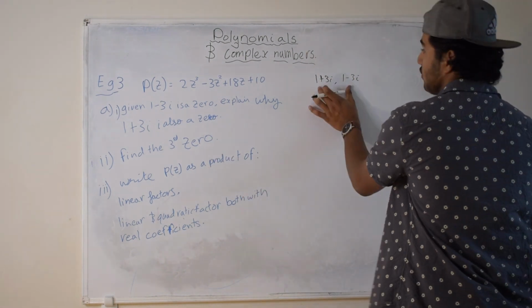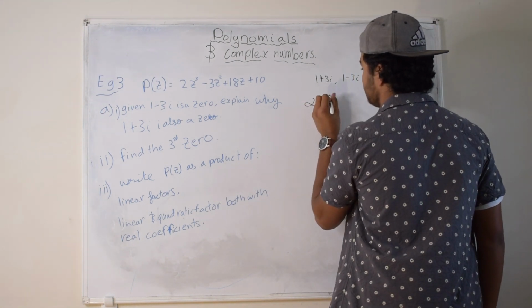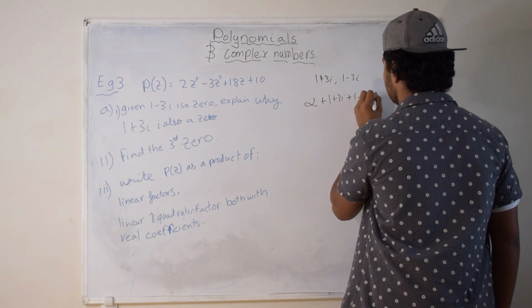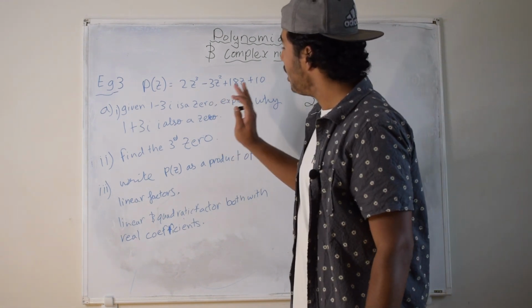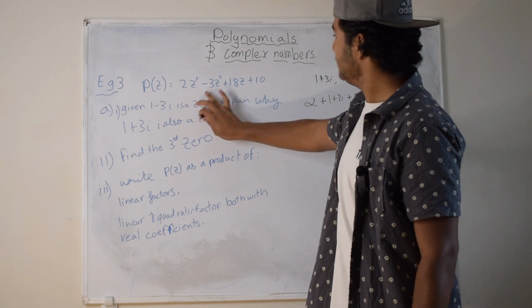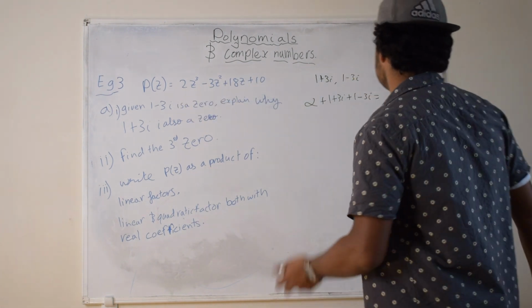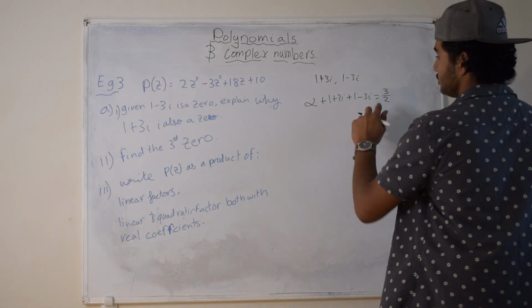We need to find the third one, so we get alpha plus the first root, 1 plus 3i, plus 1 minus 3i equals minus b on a. Minus b upon 2, where the polynomial is a, b, c, d. Minus b, negative 3 upon 2 is just 3 on 2. Correct? 3 on 2.